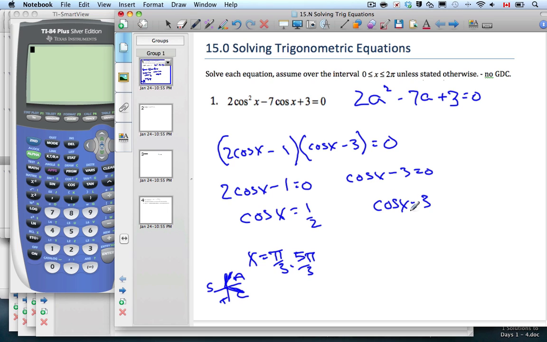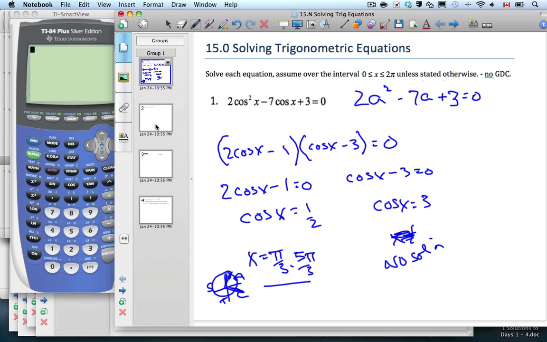Cosine x equals 3. On my unit circle, no value of cosine x is ever bigger than 1. So this does not have anything, no angle, no solution. That's what I should write, no solution here. And so I get pi by 3, 5 pi by 3.